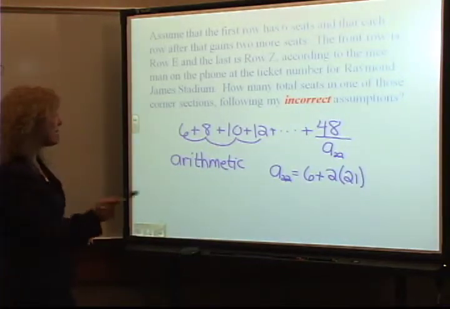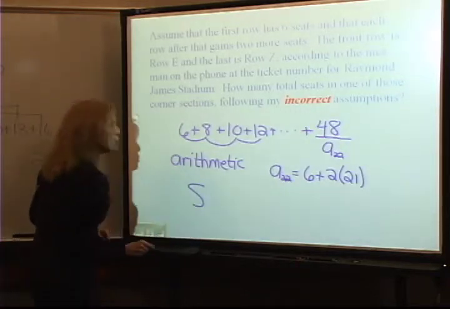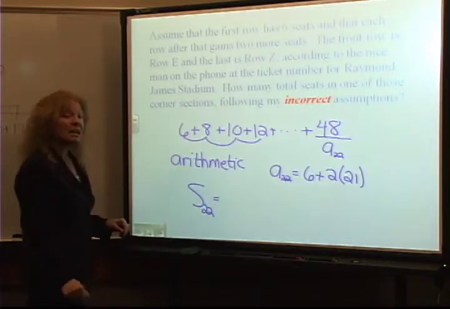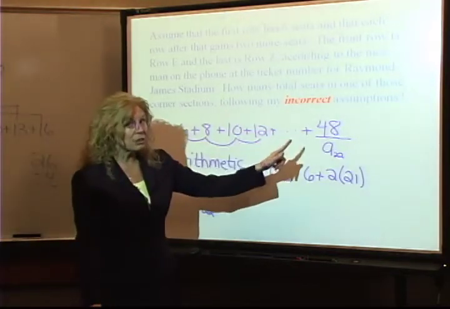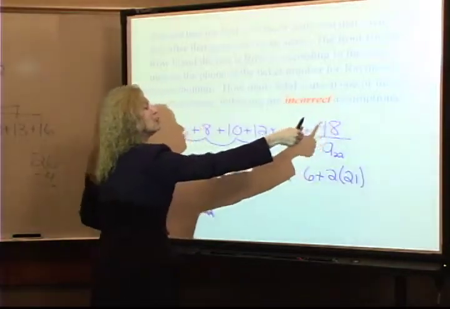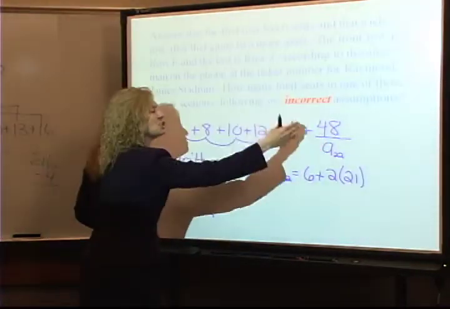I don't quite have my final answer, but my final answer would be the sum of the first 22 rows. Since this is arithmetic, it works out beautifully that I can add up the first and the last, the first and the last.